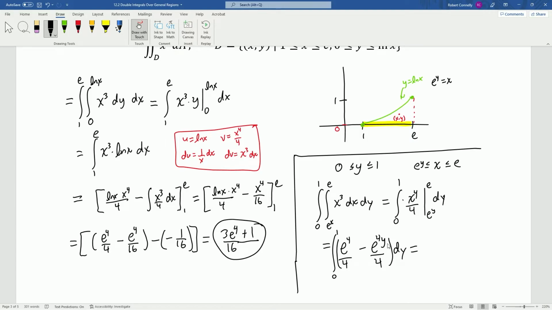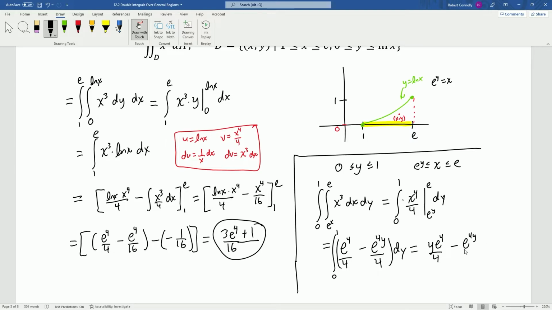Okay, so since we're integrating with respect to y, e to the 4 over 4 becomes y e to the 4 over 4, minus e to the 4y divided by, you have to do u substitution here, u equals 4y. You end up with du over 4 equals dy.